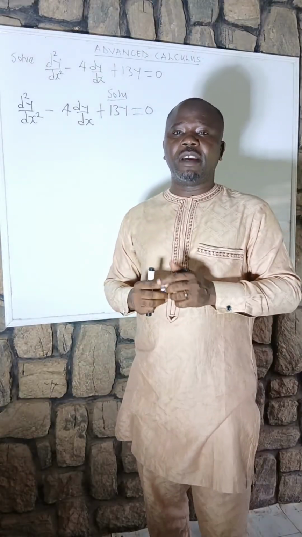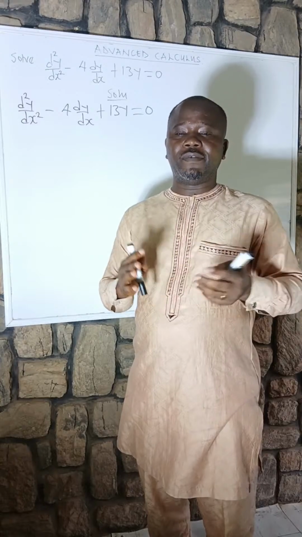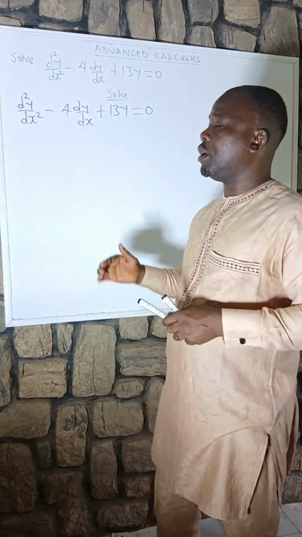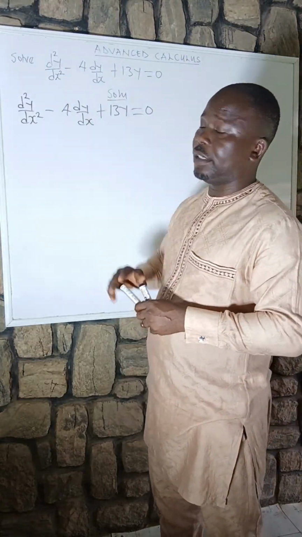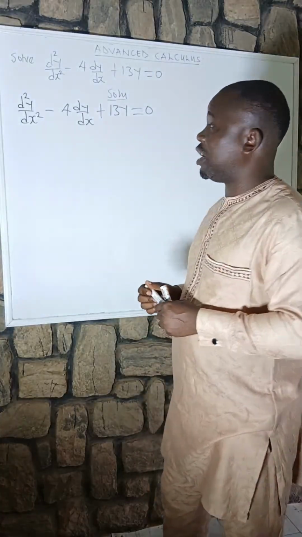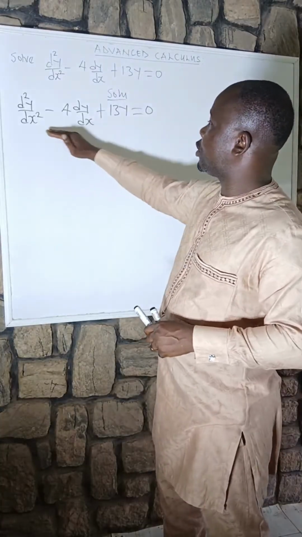In one of my videos, I tried to define differential equations and how to obtain a second order differential equation like this. If you have been following me, you don't need a prophet to tell you the solution.